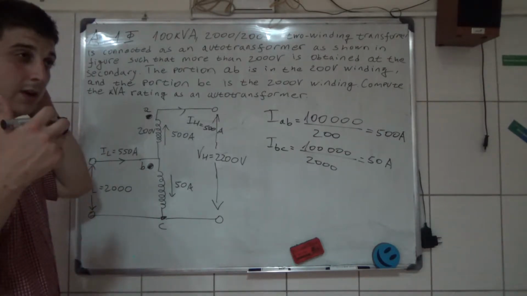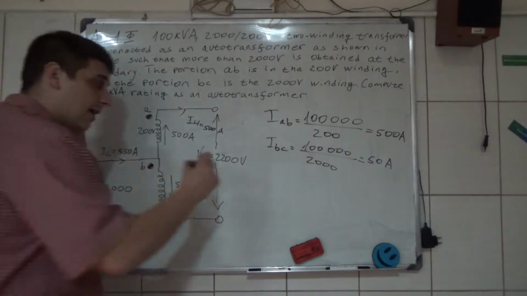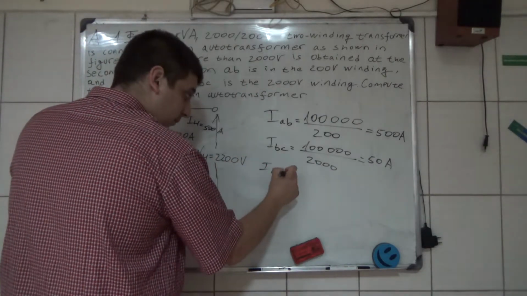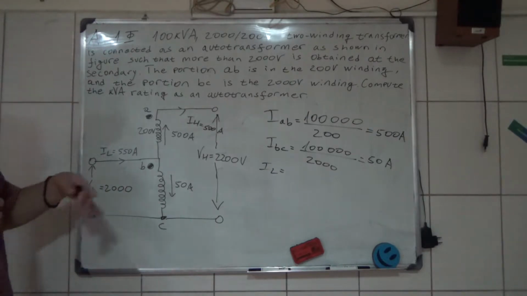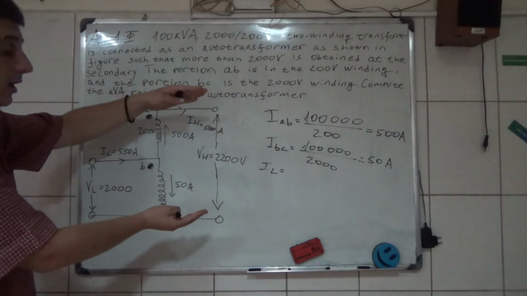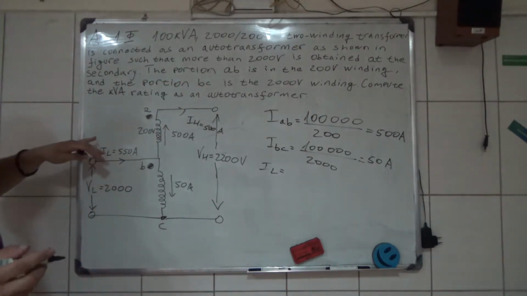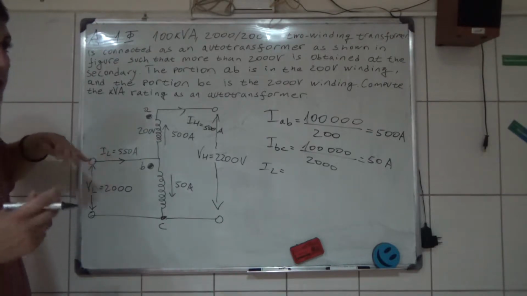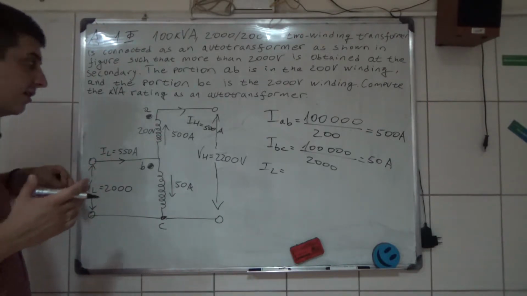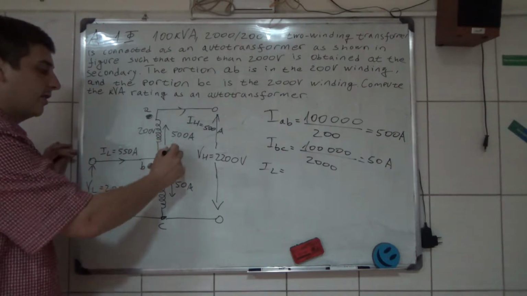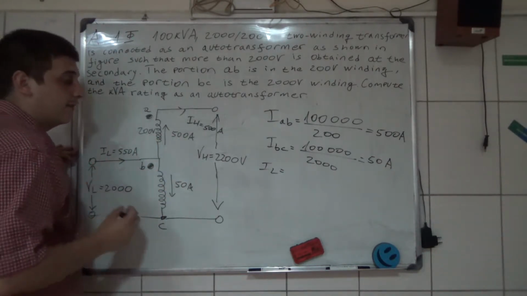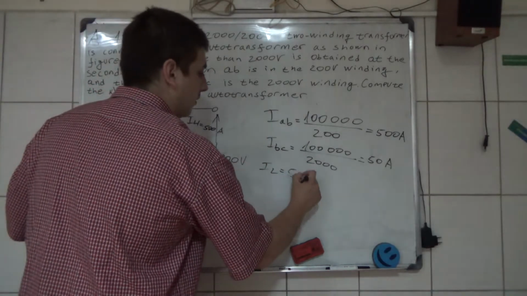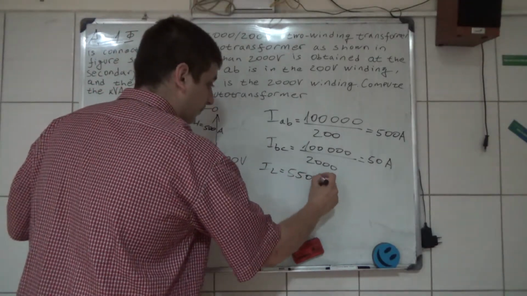From Kirchhoff's first law, now this 2000 volt is the low voltage side because we have a higher voltage on the secondary, and the low voltage side current is 500 amperes plus 50 amperes, and that is 550 amperes.